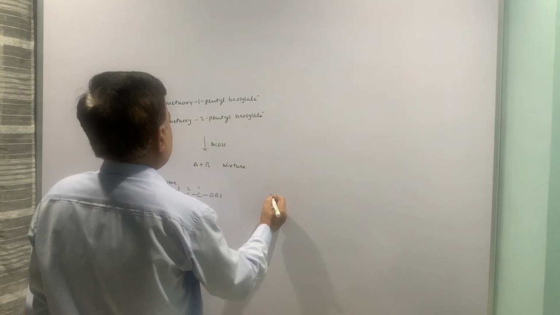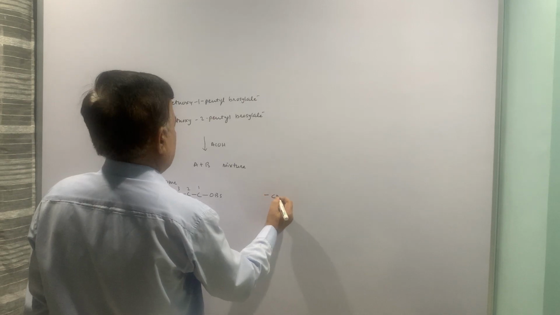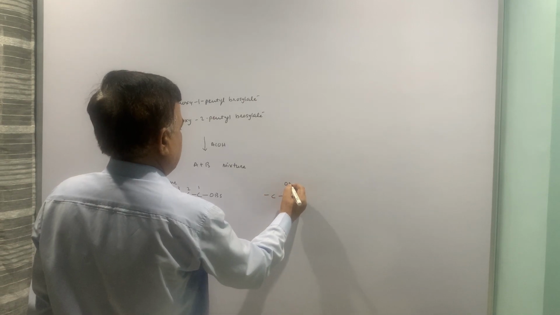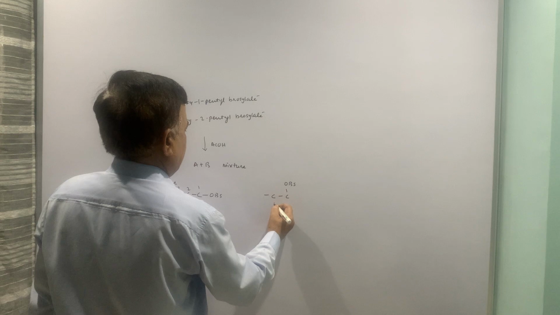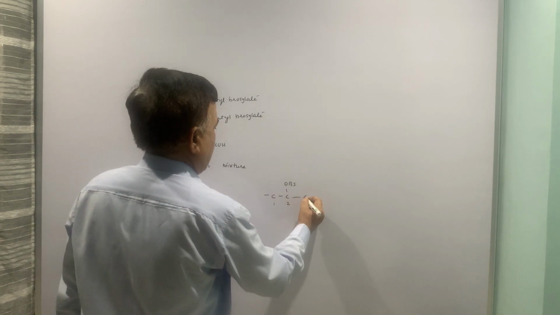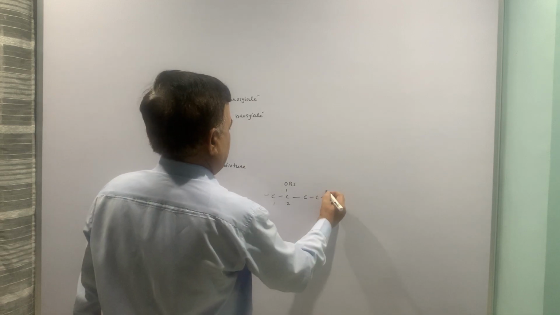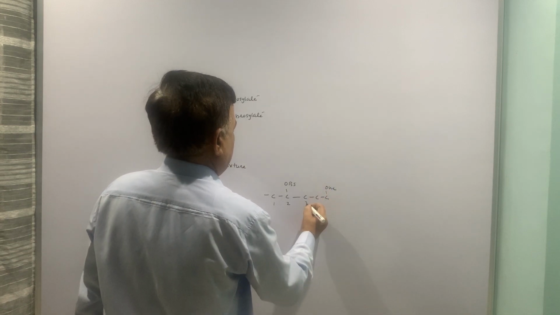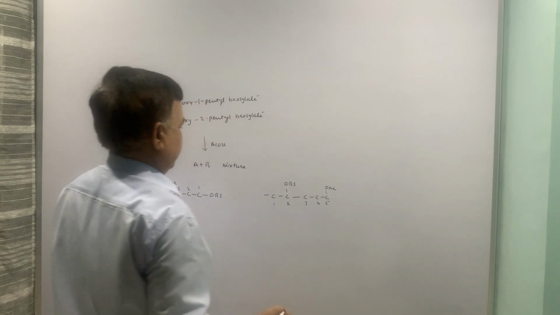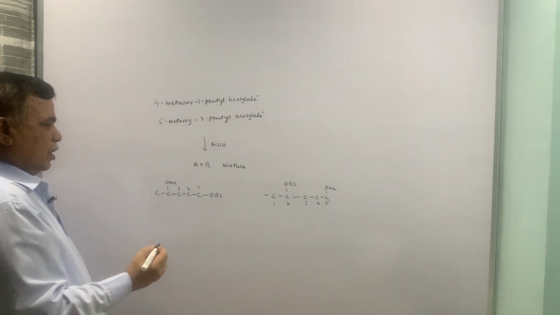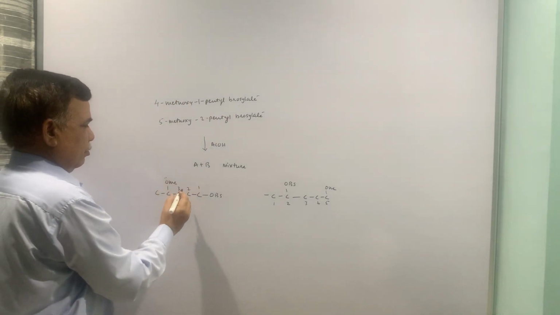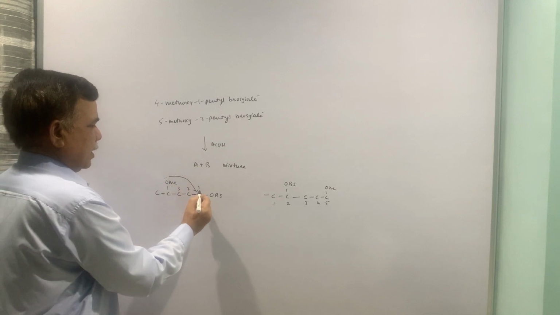Second compound is 2-pentyl brosylate, that means brosylate is here. So this is 1, 2, 3, 4 and 5, and 5-methoxy. They give the same product because the intermediate they are going to form is the same.